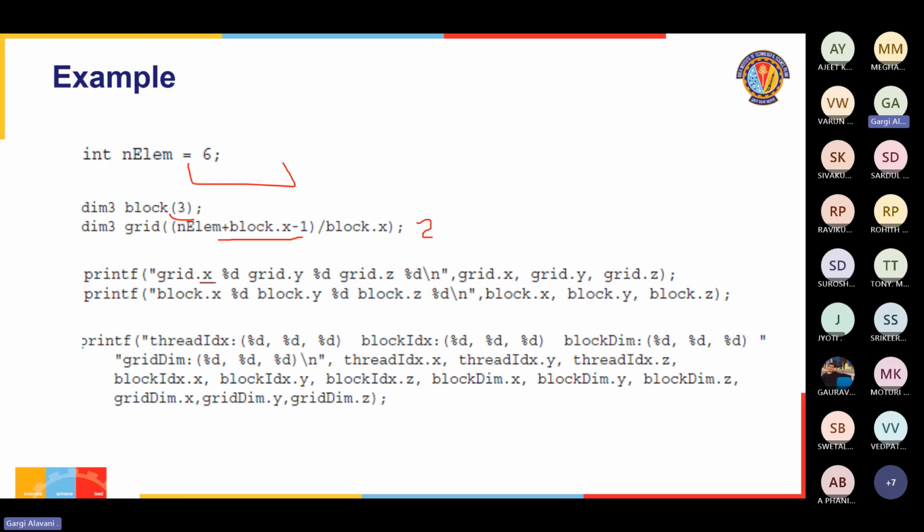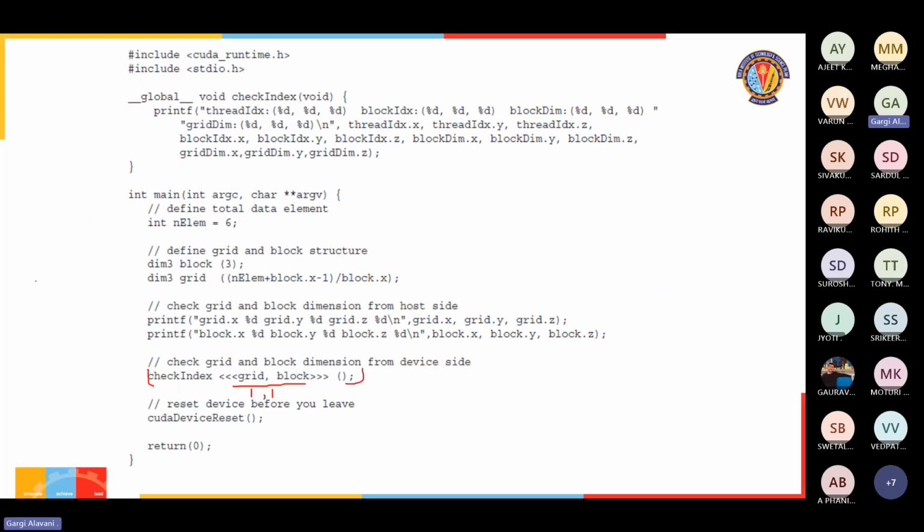We are printing the grid dimension, the block dimension, and also the thread index, block index, block dimension, and grid dimension in this particular example. This is the kernel function. So you can go through this for a minute and then we'll see the output.